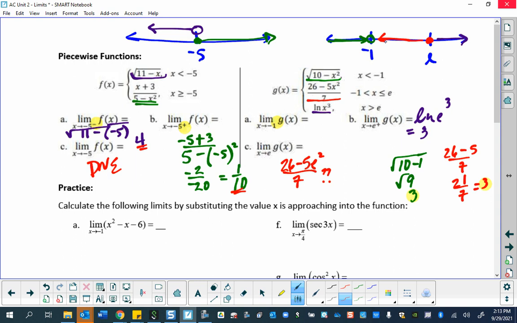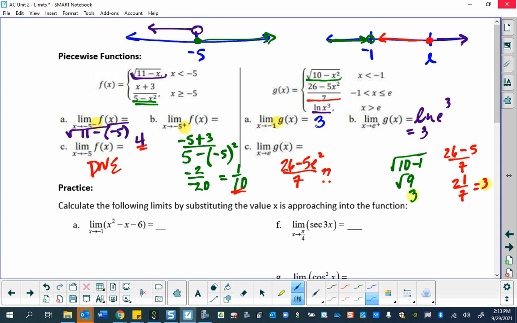Because these two limits match, I can boldly say that the limit as x approaches -1 on this piecewise function is 3, meaning these two different pieces are headed to the same value. So that's nice. Good for you, right? You're like, correct. There they go. They're headed to the same value. They're going to be friends.